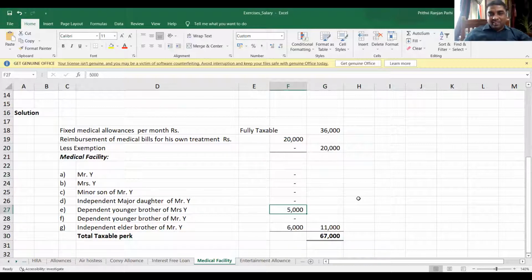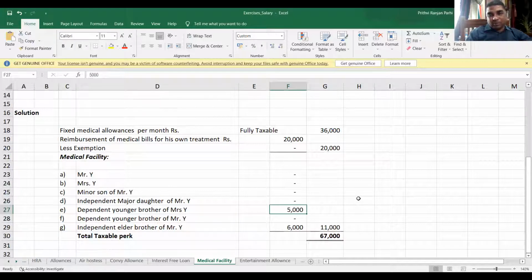Then the dependent younger brother of Mr. Y. Okay, for Mr. Y, it's okay. It is exempt because his brother is dependent. And the independent elder brother of Mr. Y, this is also not allowed. So this is again taxable.